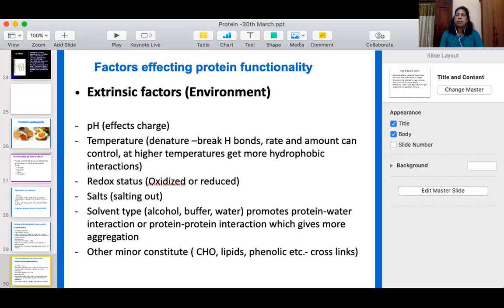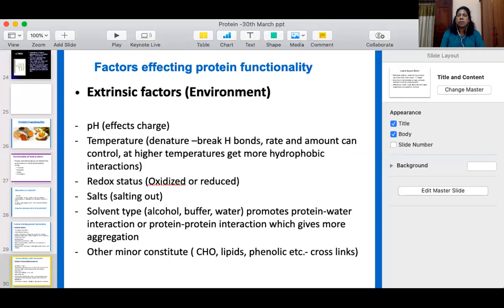If protein-protein interaction increases, aggregation is increased. If protein-water interaction is increased, solubility is increased. So if you put in buffer, alcohol and water, you can see the solubility increase. If you put in the other different one, then you can see the protein-protein interaction increase, which means aggregation increases.